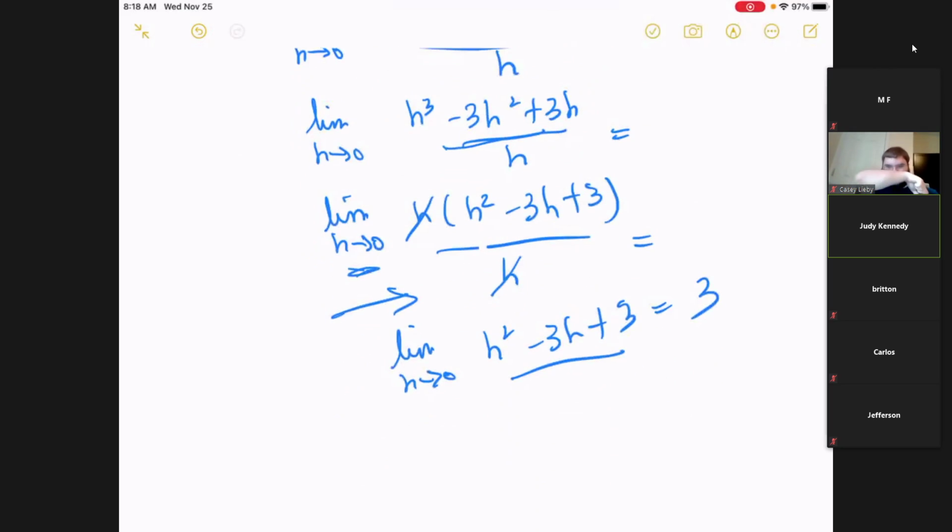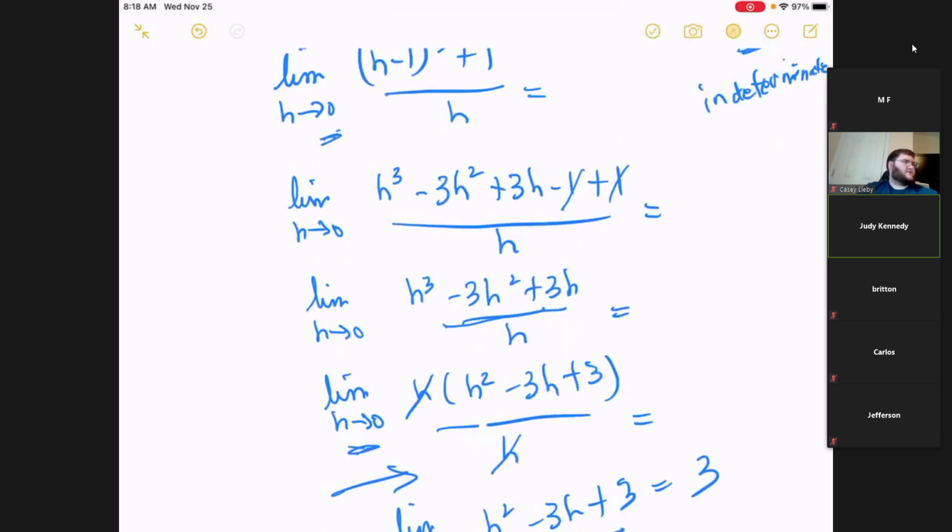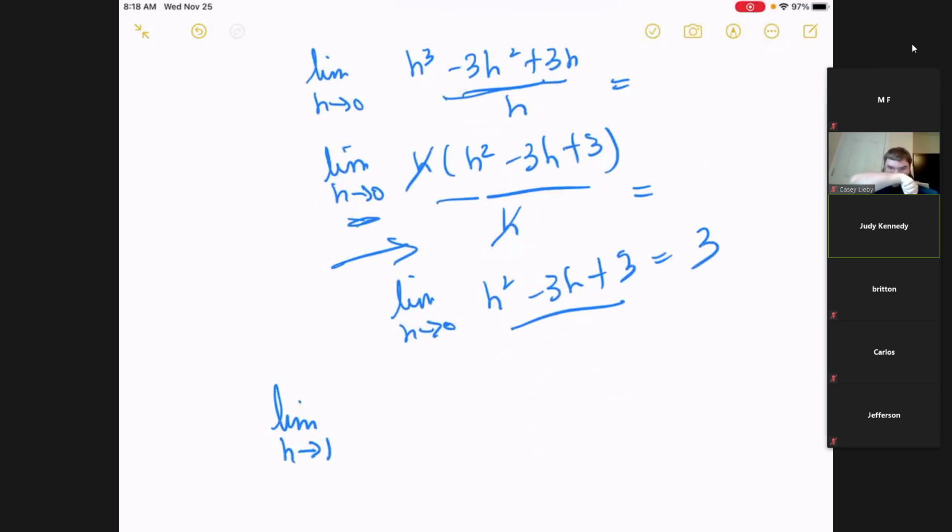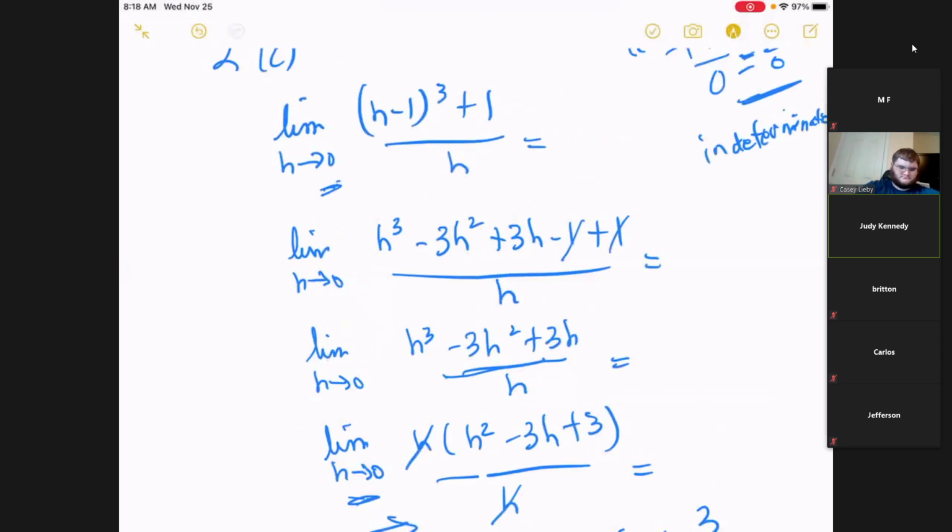What if I varied that a little bit and I said, find the limit as h approaches 1 of (h minus 1) cubed plus 1 over h?